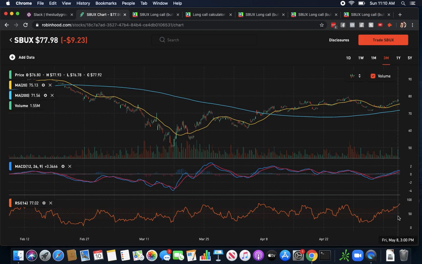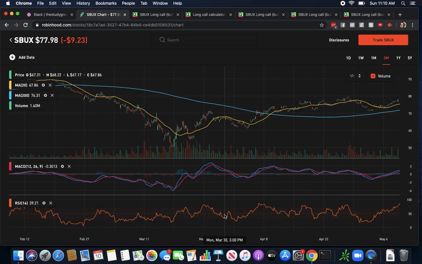So usually when it's outside of this orange range, that means that it's overbought, which means there may be a correction coming. In the past, based on what I've been doing with Starbucks, usually when it is at this level, like right here, for example, it corrects. And if you look again right here, it corrects. Above this orange, it's going to correct, right?